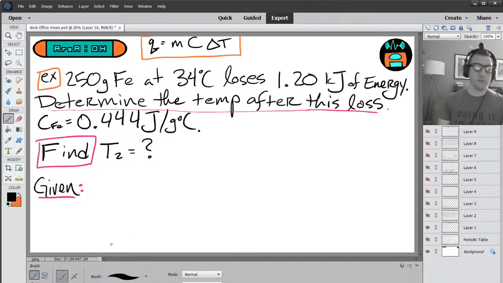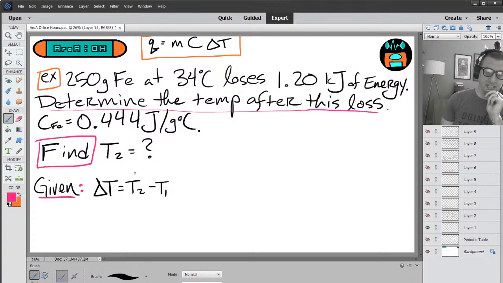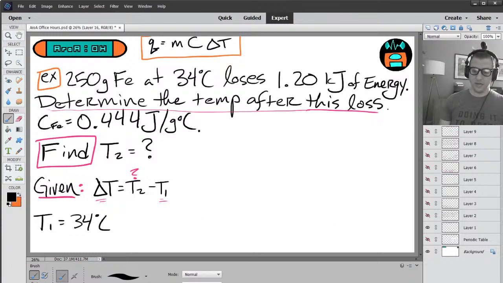And in the context of the problems we've been solving, you can say, yeah, T2 is in the equation for delta T. Delta T is equal to T2 minus T1. We're trying to find T2. So if we know delta T and T1, then we've got it made. Turns out we've been given our initial temperature. It's 34 degrees Celsius, right? It's right here. There's our T1.